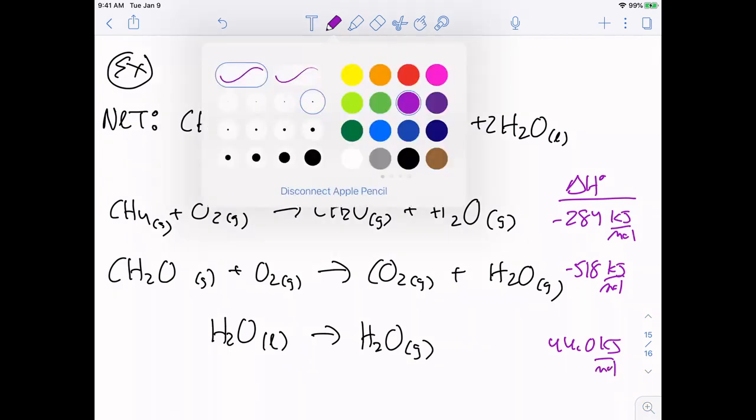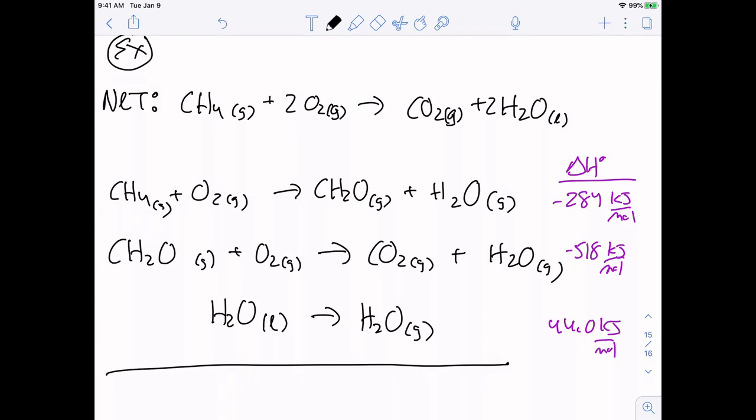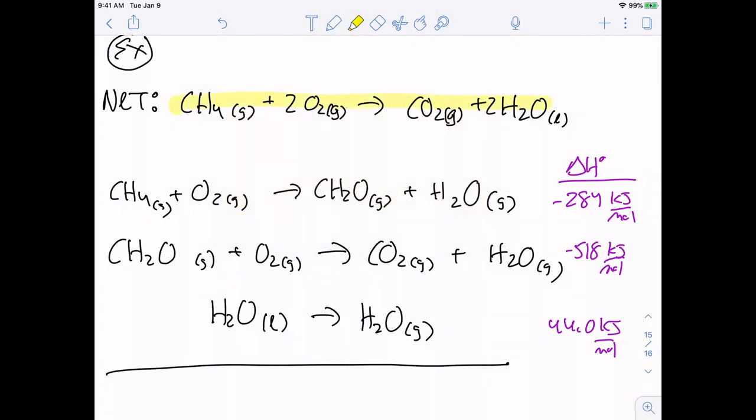So the deal with this one, if I was to just add these straight together, they actually don't add up to my net. So they have to match this when I add them together, and they currently wouldn't. My CH2Os would cancel, those would go away.